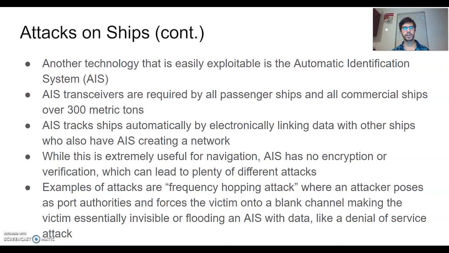Also, there's another DDoS-like attack, which is essentially flooding the victim with a bunch of AIS data, which overloads the victim, and they do not know which is real and which is fake.